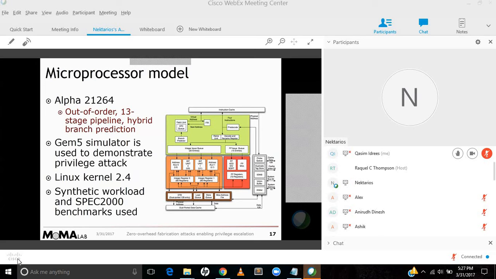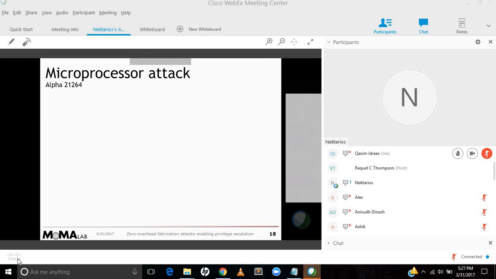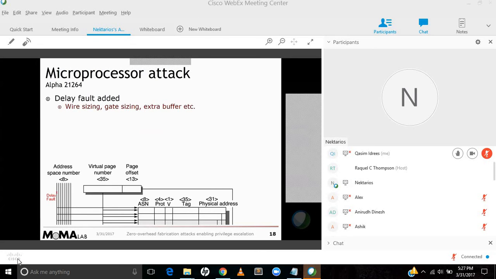We simulated the processor. There is a simulator called GEM5 that was used to demonstrate the attack. And the underlying operating system was Linux kernel 2.4. In this attack, we used a synthetic workload and SPEC 2000 benchmarks. So let's see the attack.